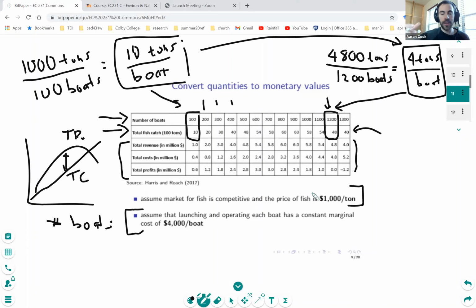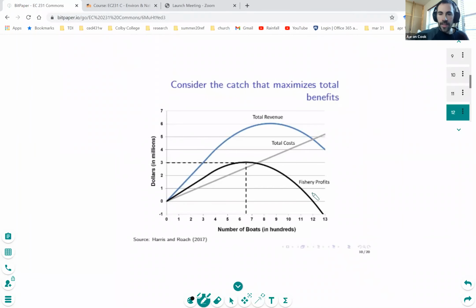That is, if you were trying to get the most value out of this fishery, that is the way that you'd go about doing so, driving the gap between total revenue and total cost as wide as you possibly can. Okay, so all that stuff is given by this graph here.